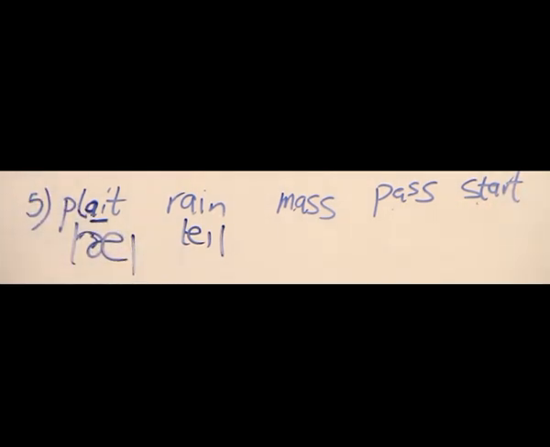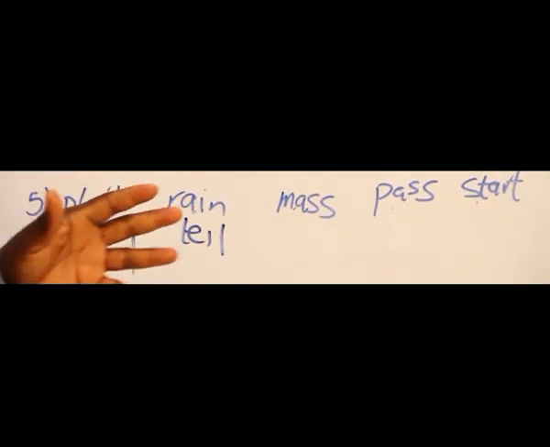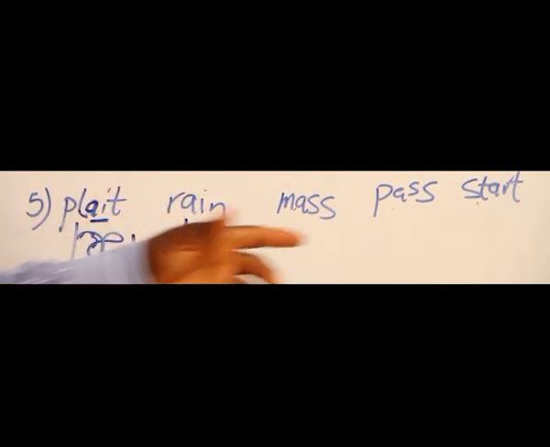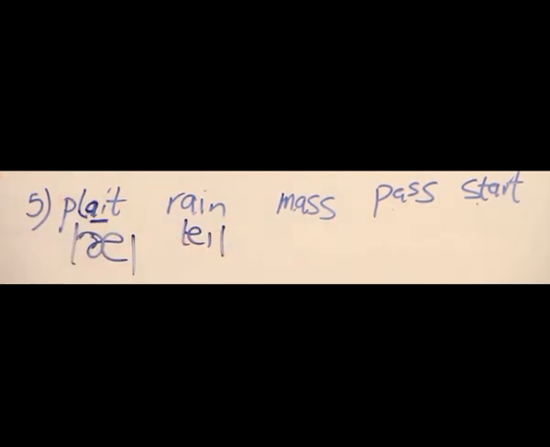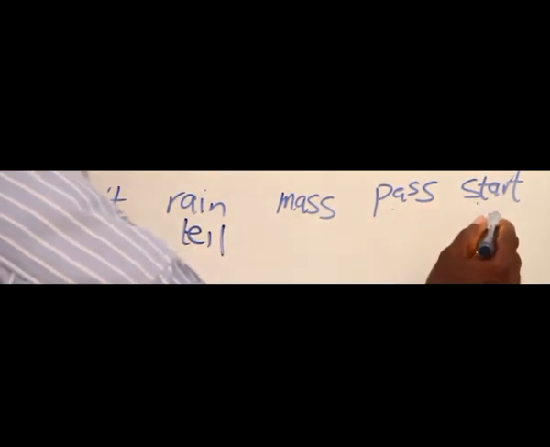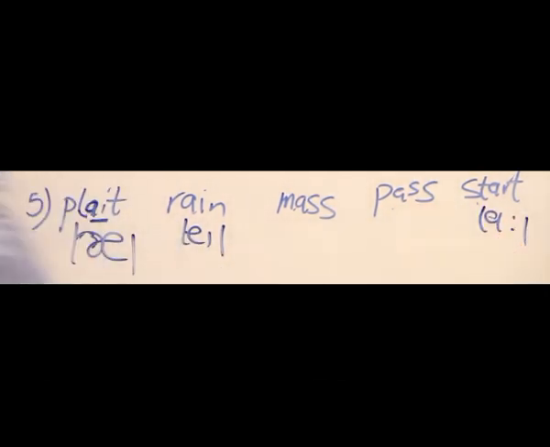Remember what I told you, that AR in a monosyllabic word is most likely going to be the long R, the longer form of the vowel in the given word. And so what you have there is this, vowel number 5.